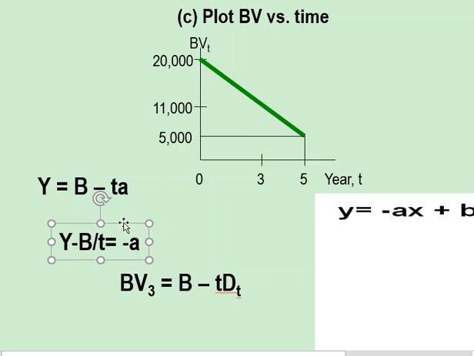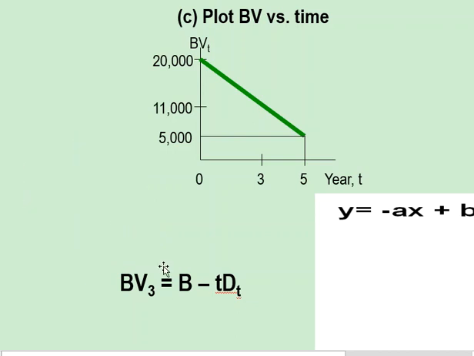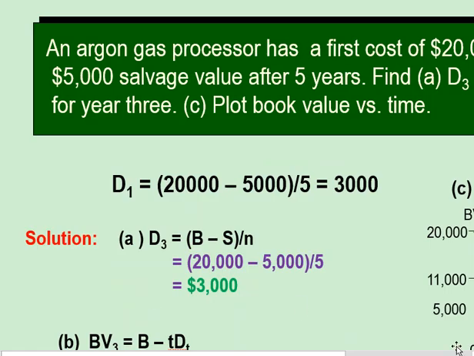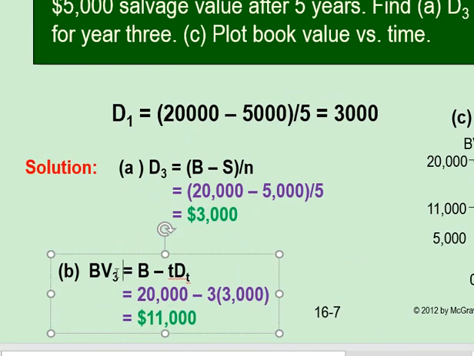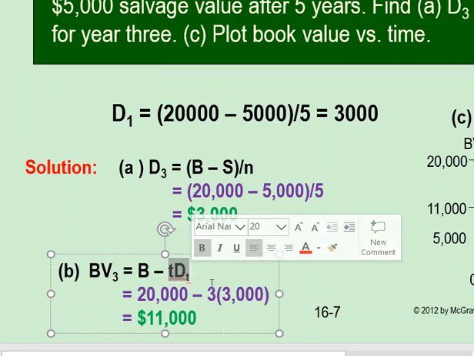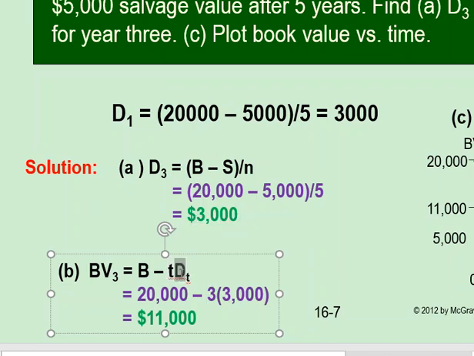So every time, what's happening? What I'm saying is, this book value is going to get less per time. But give me the depreciation. If the depreciation is always 2,000, can I get BV3?